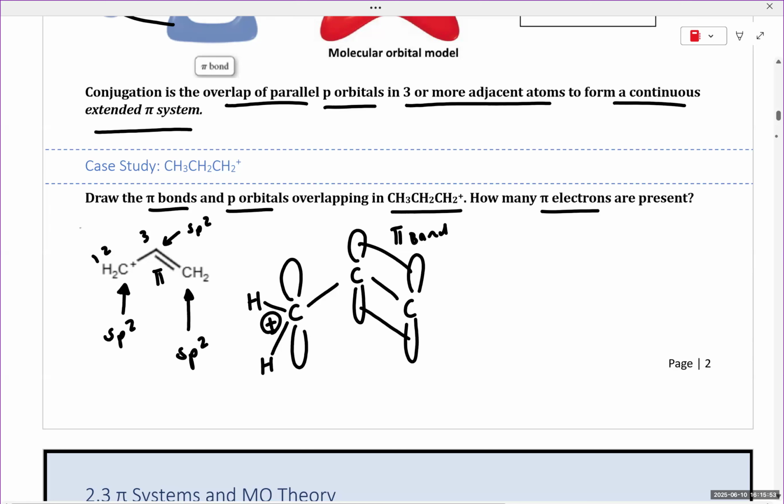Now, given that we have a p orbital that is parallel to a pi bond, we can overlap our parallel p orbitals to form a pi system.